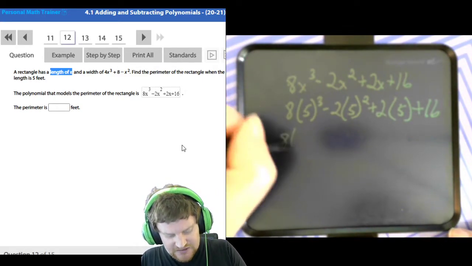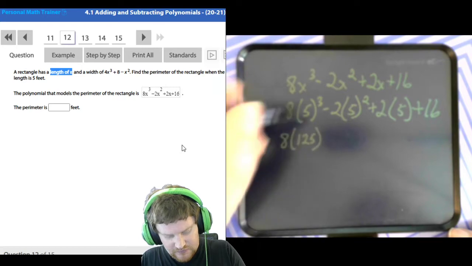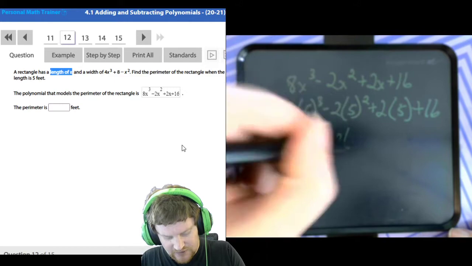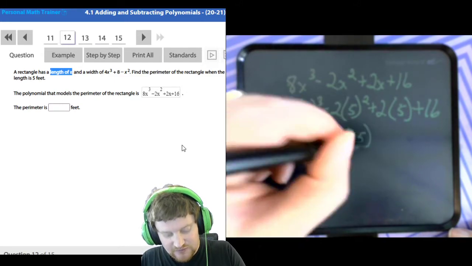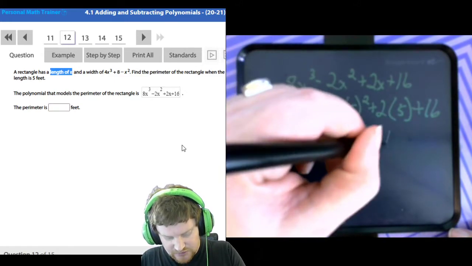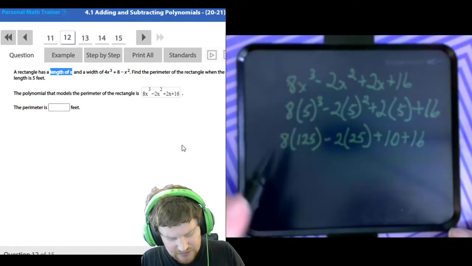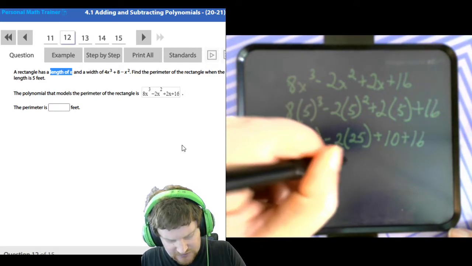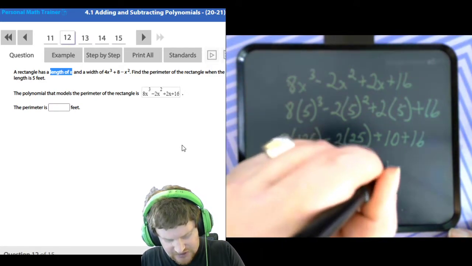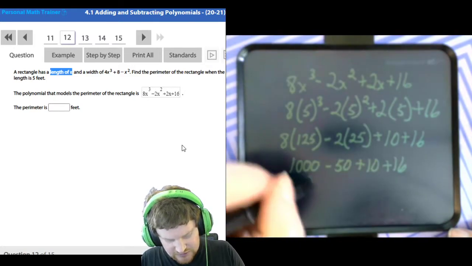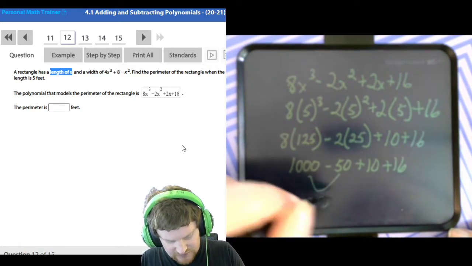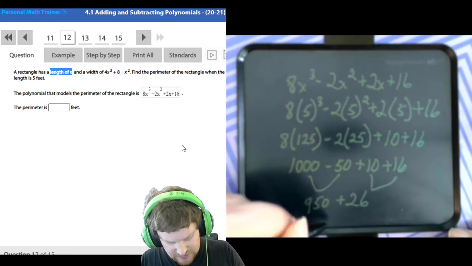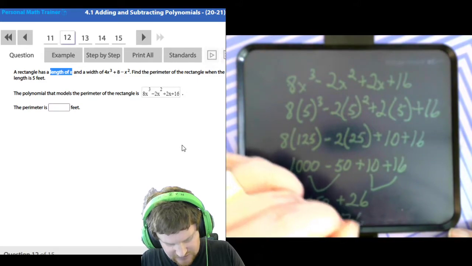So that would be 8 times 125 minus 2 times 25, because 5 squared is 25. 2 times 5 is 10 plus 16. 125 times 8 is 1000 minus 50 plus 10 plus 16. So this is 950 plus 26, which is 976 feet.